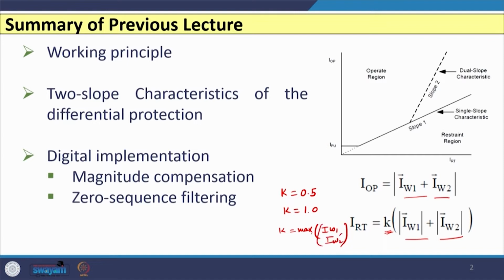So, any value depending upon application we can select, and this we have discussed.